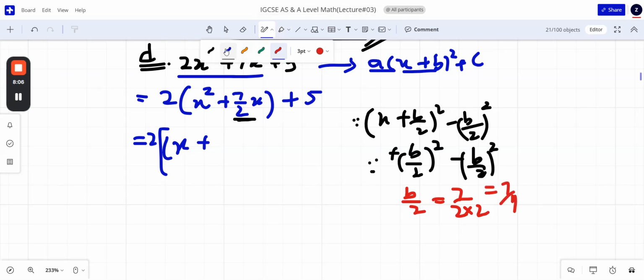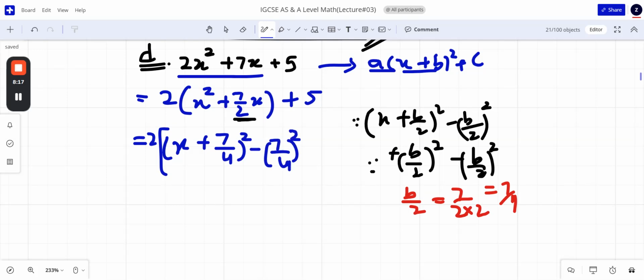So here we will add 7 by 4, then whole square, minus b by 2, means 7 by 4 whole square, and then after the bracket the value will remain the same, plus 5.